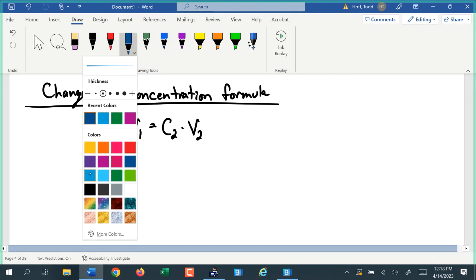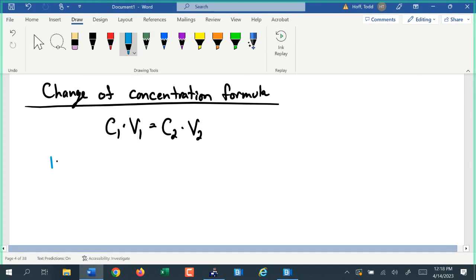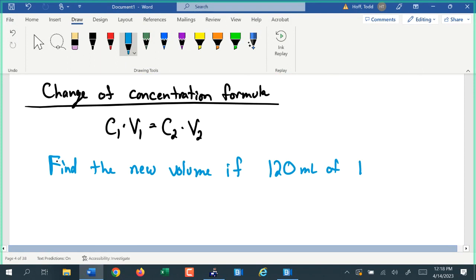So we might ask, find the new volume if 120 milliliters of 18% solution is to be diluted to 4%.